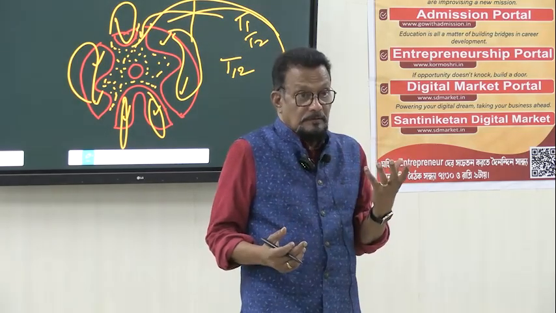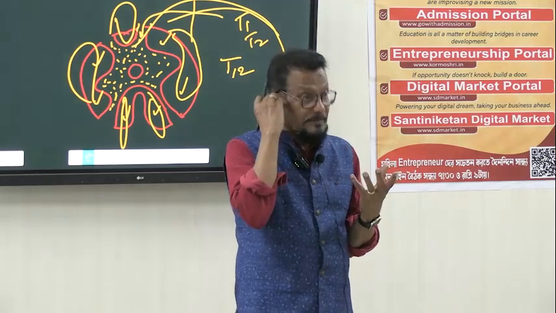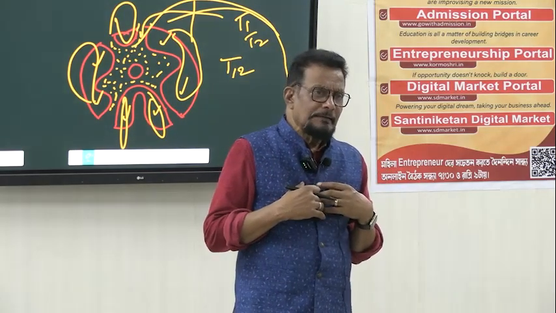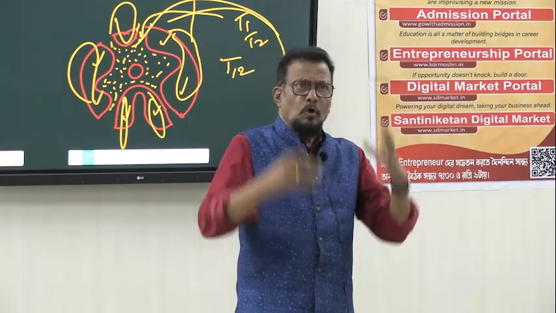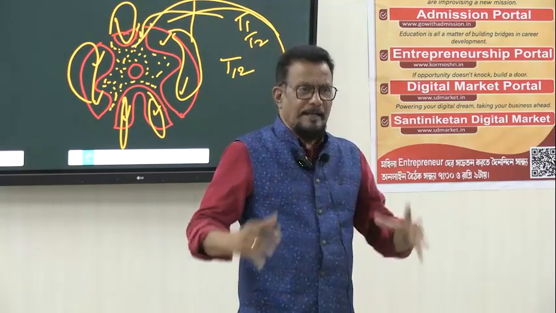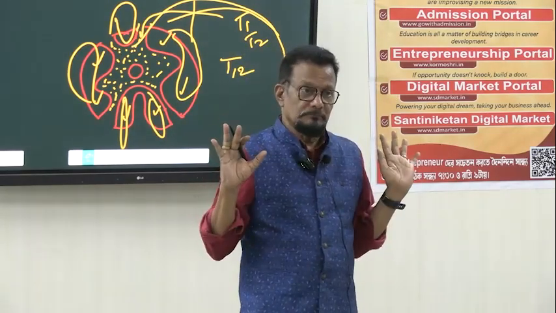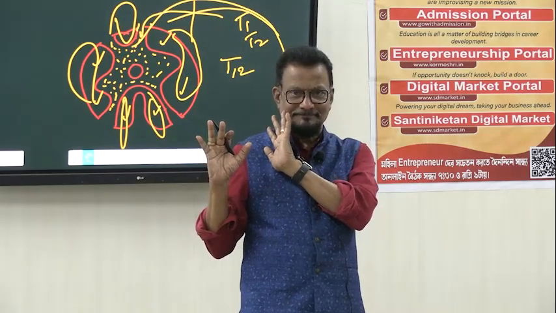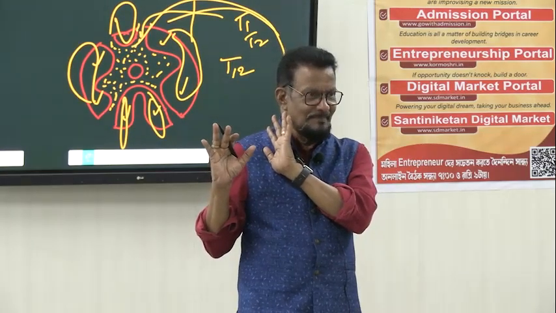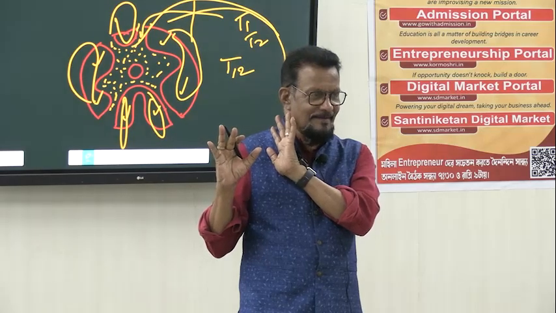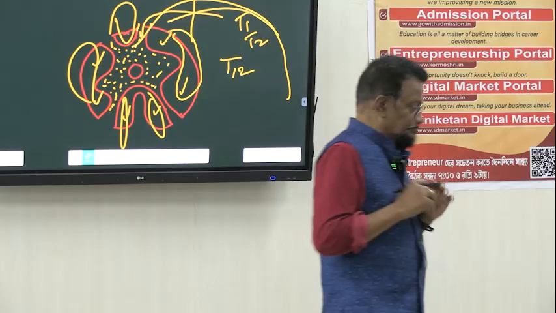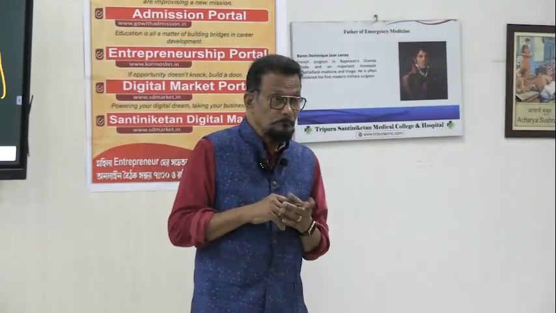Sir, what is the role of smoking in this? Smoking affects all the organs, all the tissues of our body. No cells, no tissues are spared. So it will be affecting all my body tissues.